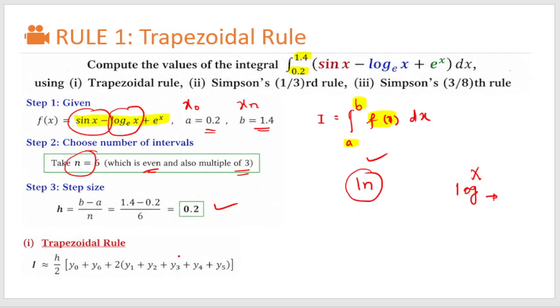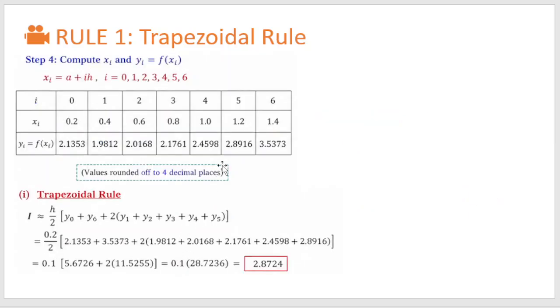This is the formula for the trapezoidal rule. Before that, we need to calculate all the values of y, right? So this is the table. Use the calculator. There is an option in the calculator, the table option.